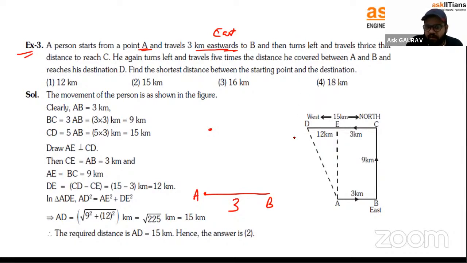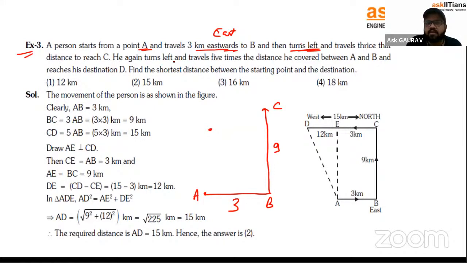Then he turns left. Suppose you are standing at point B facing the east direction. Then you have to turn left. Where will you move? You will move upward and travel thrice that distance to reach C. Basically, thrice the distance of 3 will be 9 kilometers, so he will reach C, 9 kilometers.